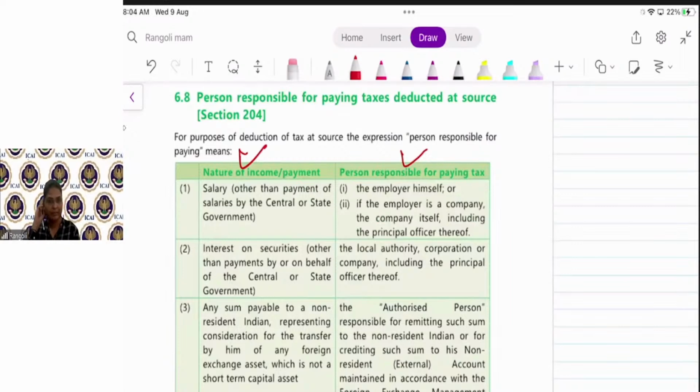So salary. In case of salary, who is liable to deduct tax? Employer, right? And if the employer is a company, then the company itself or the principal officer. Interest on securities. The payer of interest on securities, that is local authority, corporation, company.